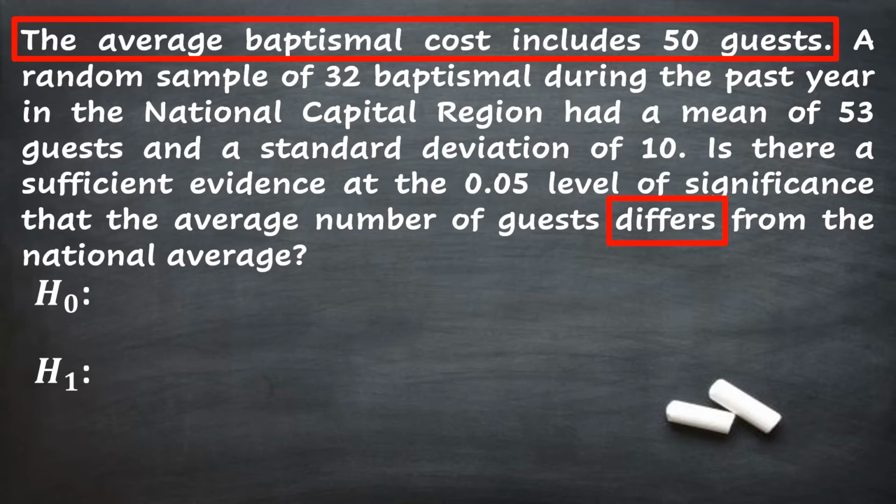So, if we formulate the null hypothesis in this given word problem, you just consider the factual statement as true. The factual statement is automatically the null hypothesis. The factual statement in this given word problem is that the average baptismal cost includes 50 guests.